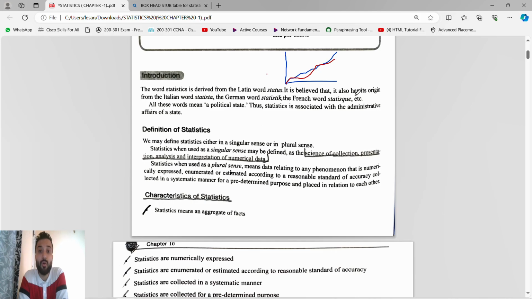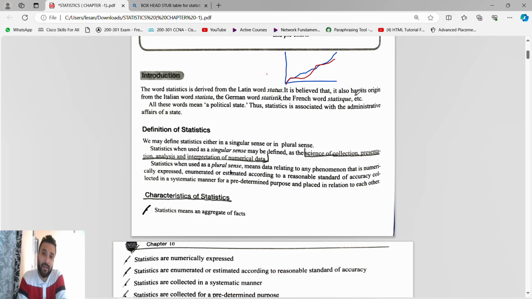Suppose the population of Bangalore is high, population of Mumbai is very high, population of Chennai is very very high, population of Delhi is very very very very high. How will you make the graph? It is impossible.